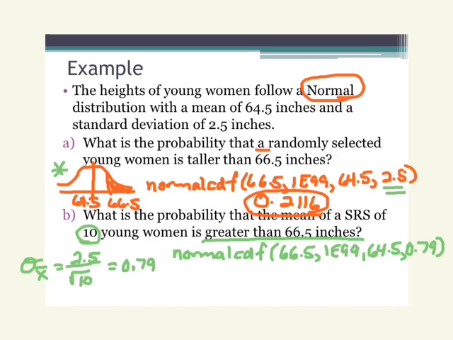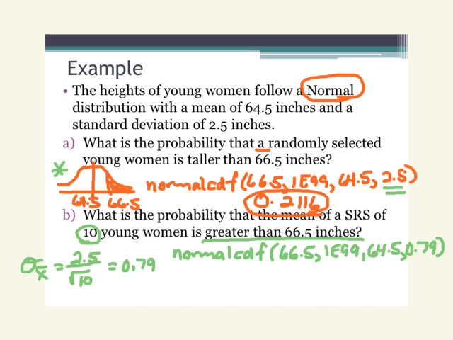Now, before we calculate this probability, what do you think is going to happen to the probability? Are we more likely to find a group of 10 women with an average height of 66.5 or a single woman with a height of 66.5? Hopefully you answered we're more likely to find a single woman with a height of 66.5.